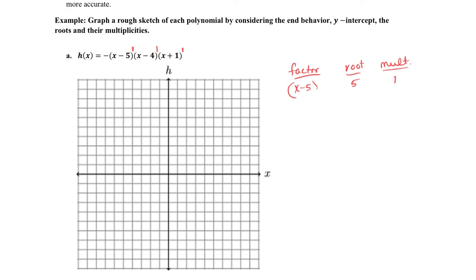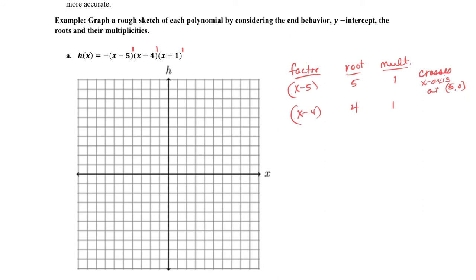So with a multiplicity of 1, that means that my graph crosses, because remember, the multiplicity is odd, so the ends go in opposite directions. So it crosses the x-axis at the point (5, 0). That's my x-intercept. Next, my factor is x minus 4, which means my root is at 4.